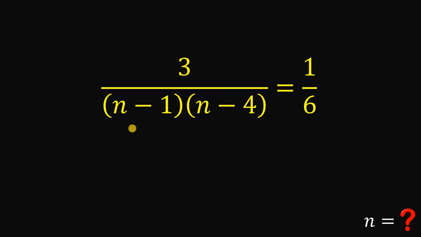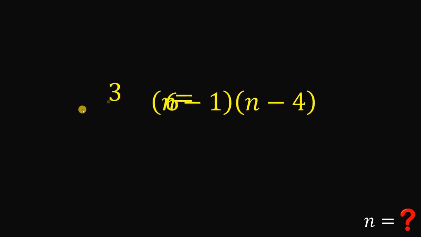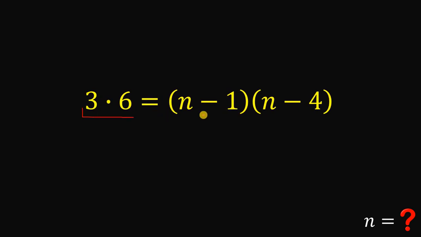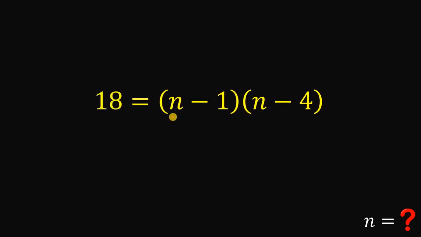Now, we are ready to solve for the value of n. We're just going to cross multiply. So we have 3 times 6 equals (n minus 1)(n minus 4). Now, 3 times 6 is just 18. If we multiply this out, we have n squared, negative 4n, and negative n, so combined we have negative 5n.